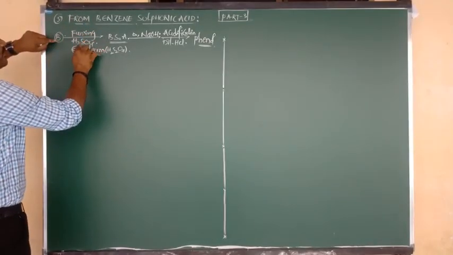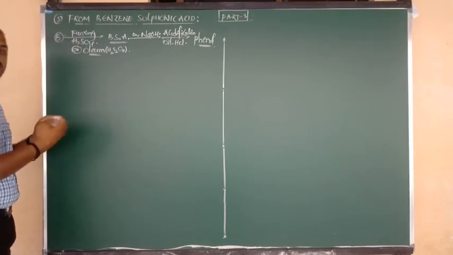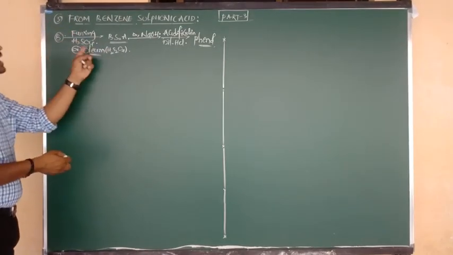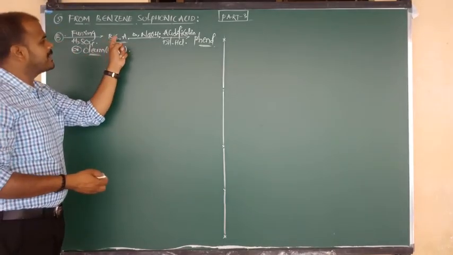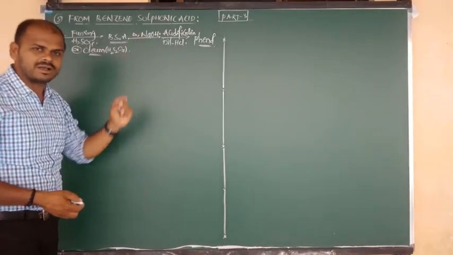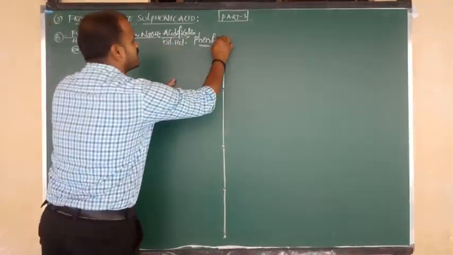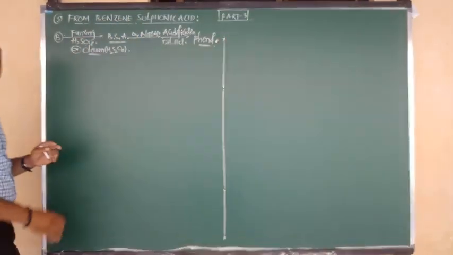Benzene on reaction with fuming H2SO4, that is fuming sulfuric acid, or with oleum, gives benzene sulfonic acid, which on fusion with sodium hydroxide followed by acidification gives the product phenol.